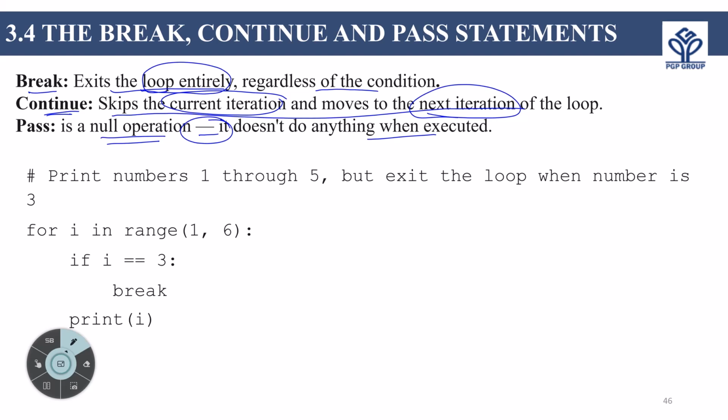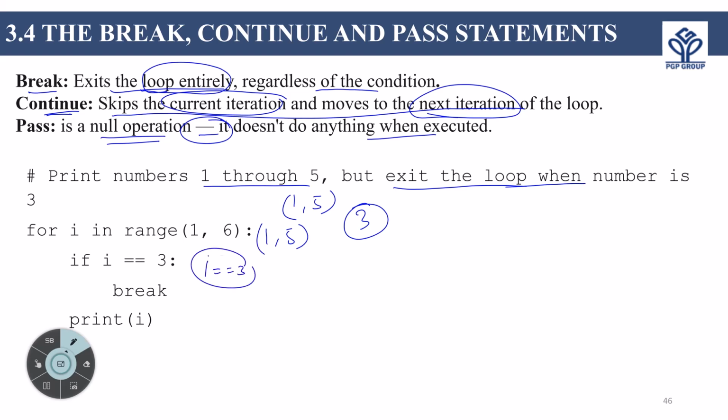Okay, print the numbers 1 through 5 but exit the loop when the number is 3. We are using numbers 1 to 5, but when the number comes to 3, exit the loop. Okay, for I in the range 1 to 6, we are using 1 to 5. Clear? I value is equal to 3.